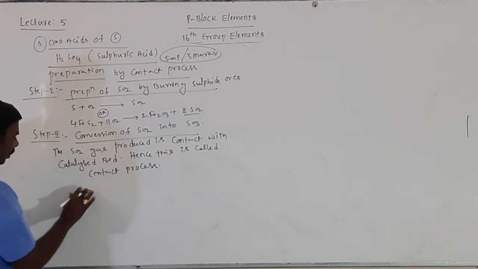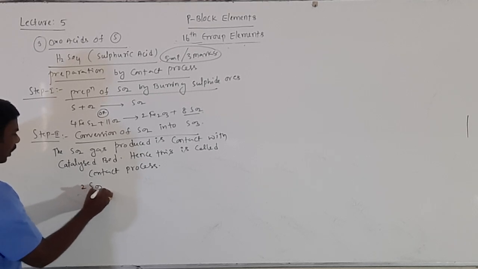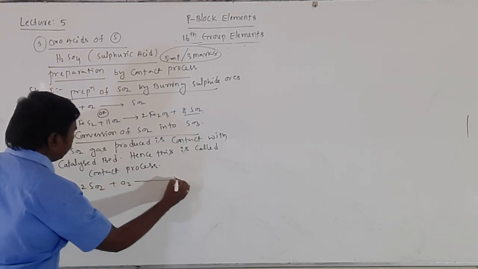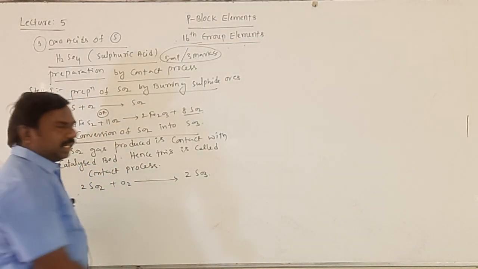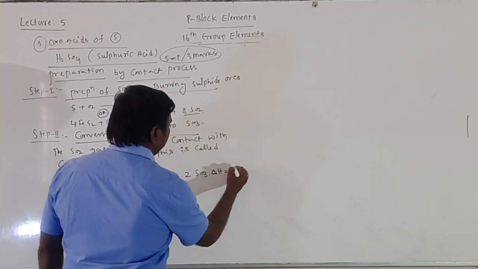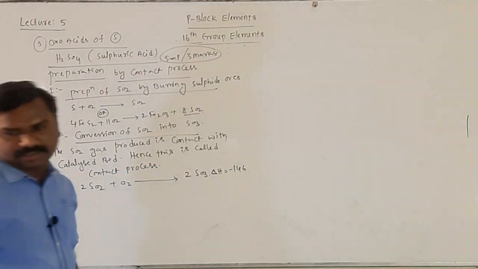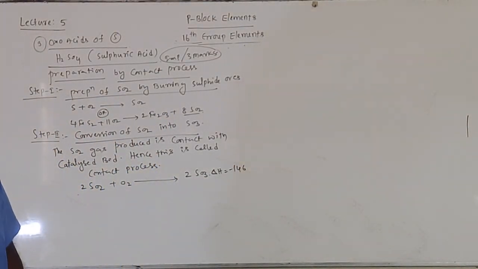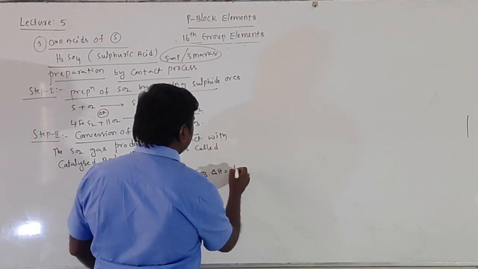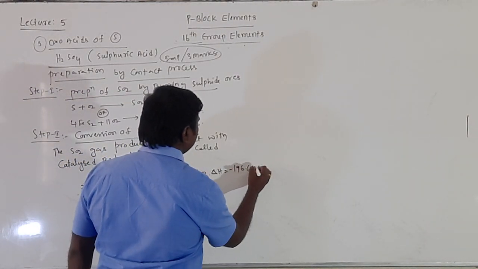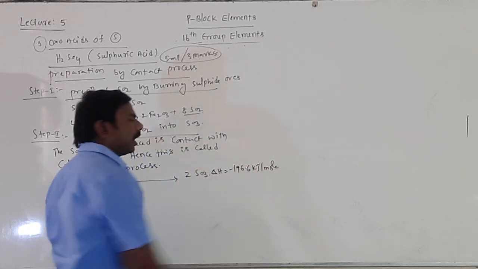So here the SO2 formed, 2 moles with oxygen, gives 2SO3. Delta H is minus 196.6 kilojoule per mole. Okay.